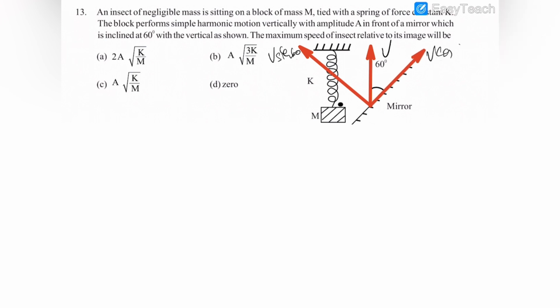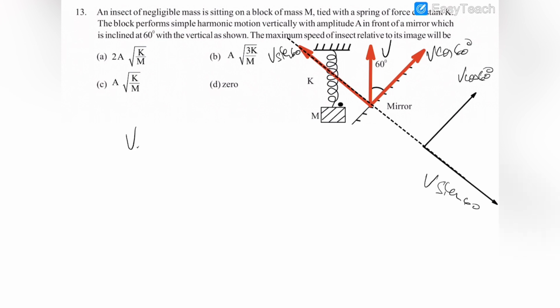So the image of the insect would be moving in this direction with a speed of v cos 60, because along the mirror the velocities are the same, and the velocity of the image would be in the opposite direction along the perpendicular of the mirror, equal to v sin 60.